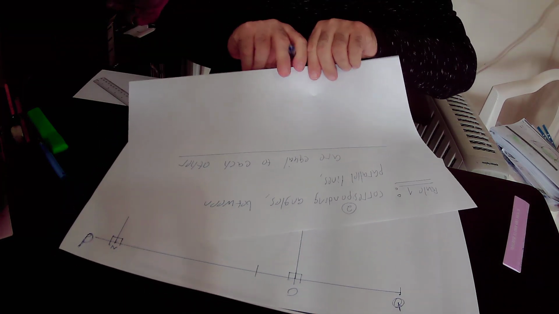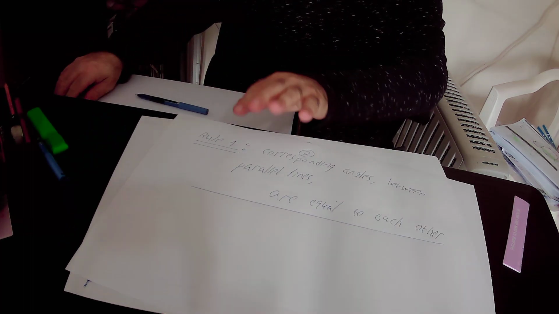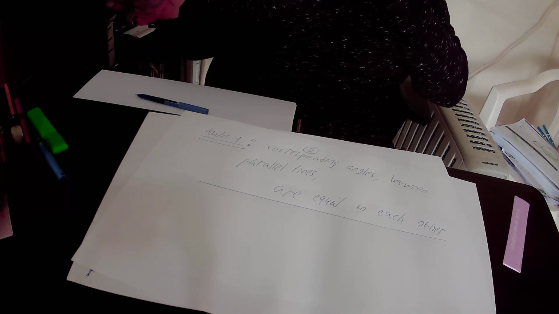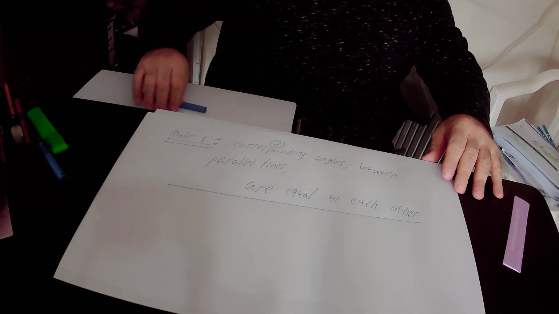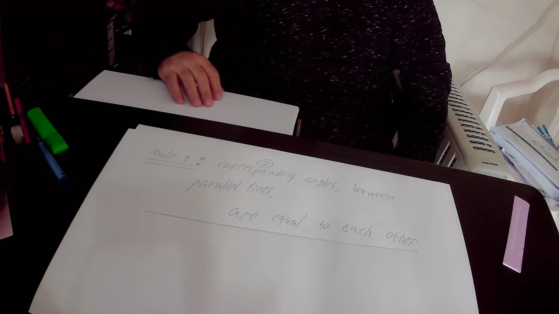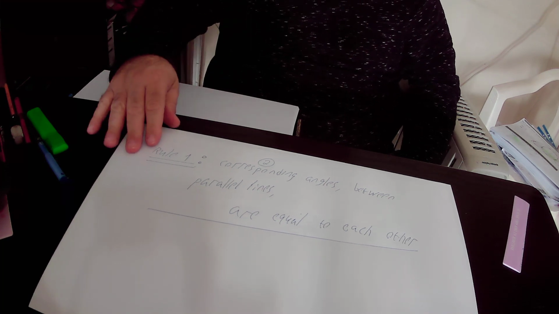So I'll read rule number 1 again. According to rule number 1, corresponding angles between parallel lines are equal to each other.